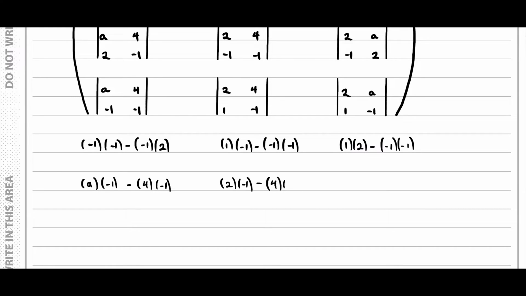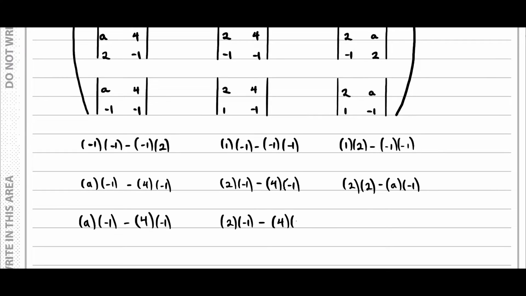And then here we have 2 times by 2 minus A times by minus 1. Then we have here A times by minus 1 minus 4 times by minus 1. Then we have 2 times by minus 1 minus 4 times by 1. Then here we have 2 times by minus 1 minus A times by 1.